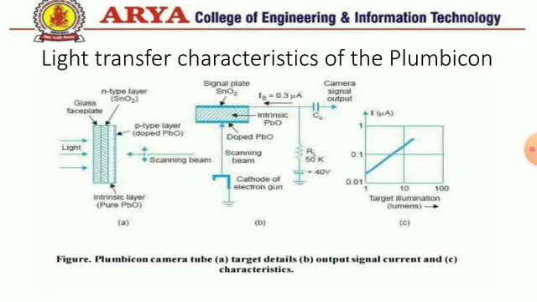Now see, this N-type layer, the tin dioxide layer, is connected with the target voltage, and the positive of this target voltage is connected with this N-type layer, and this P-type layer is the one on which we will be bombarding the electron beam.